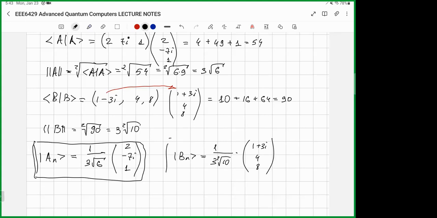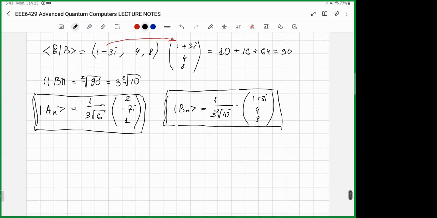Why is it important? You probably know that in quantum mechanics we deal with probabilities and probability amplitudes, and probability always has a maximum value of 1, like 100% certainty.